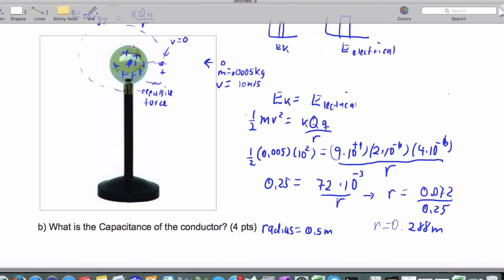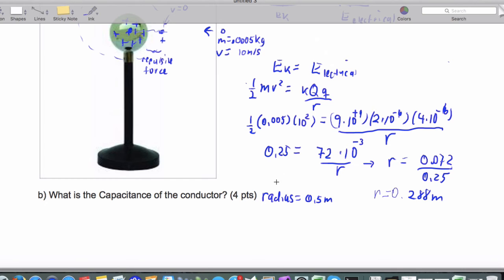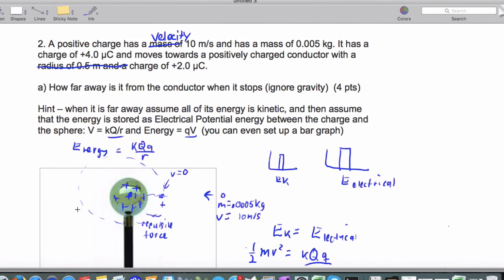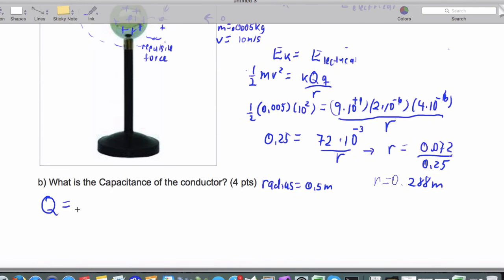So that's where the moving charge is forced to a stop because of the work done on it by the sphere, or if you'd like, it's because the kinetic energy of its motion has been converted entirely into electrical potential energy. Now, the capacitance of the conductor. We know the charge on the conductor is 2 microcoulombs.